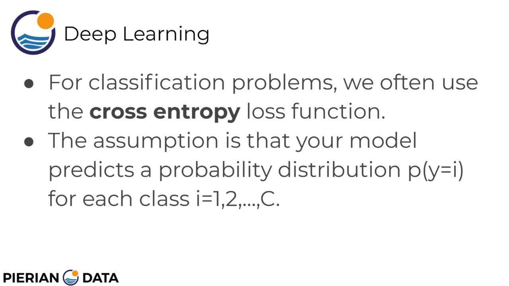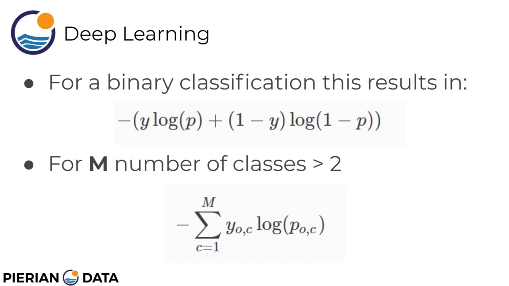So maybe it has a distribution for class 1, class 2, class 3, and so on. The way this formula works out is for a binary classification, that is only two classes, you have the top formula, and those logs represent natural logs. And for m number of classes greater than 2, you use the formula below.